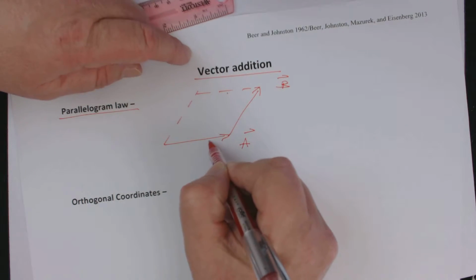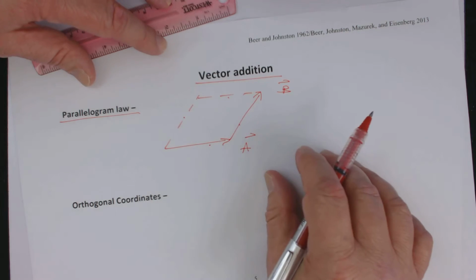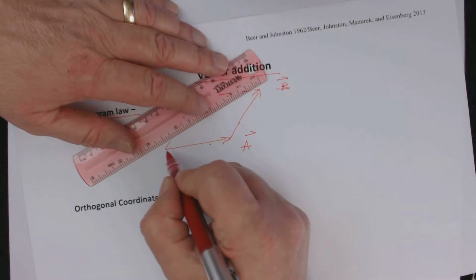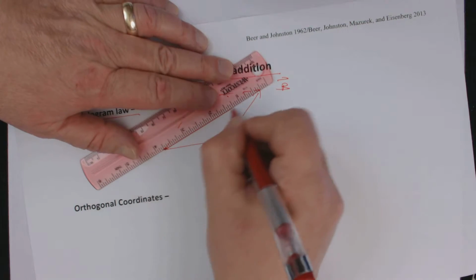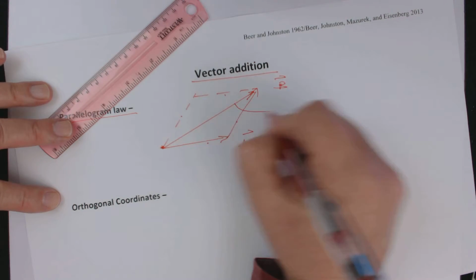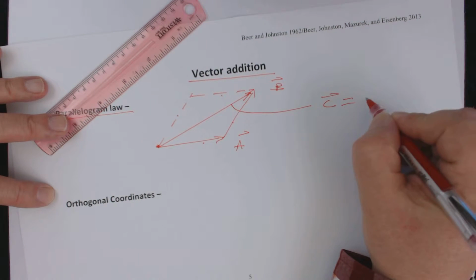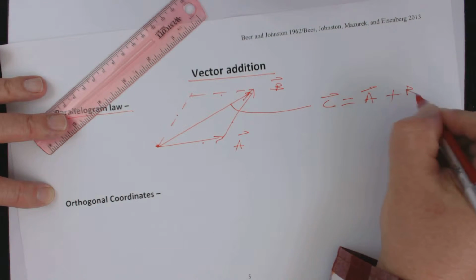So this line is parallel to this line is parallel to this, and you see that forms what we call a parallelogram. And if I go from this point then to this point like that, then this right here would be the vector. We could call it C if we would like, and we could say that that's equal to the vector A plus the vector B.